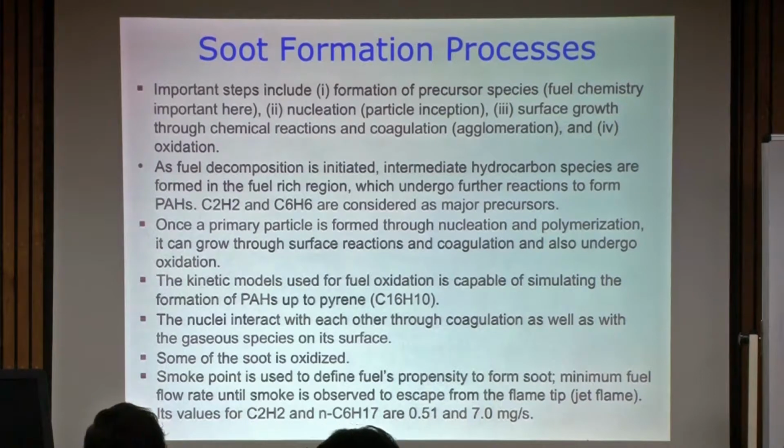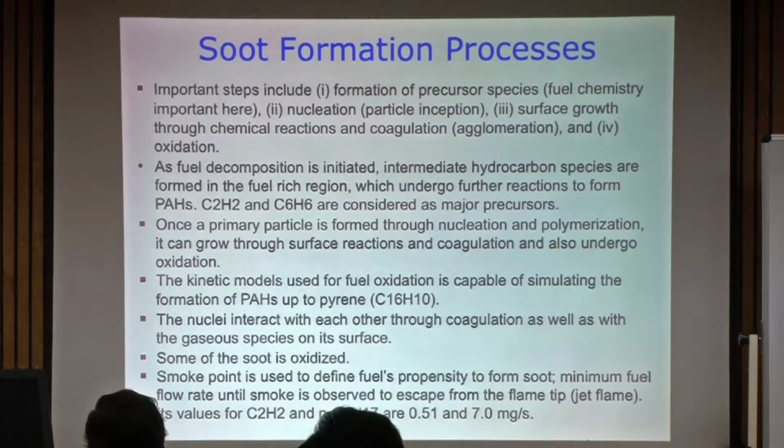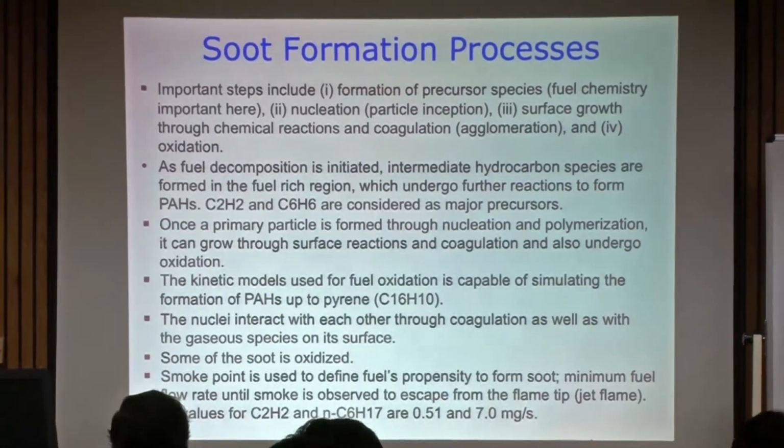Like acetylene, benzene, and other PAH species like pyrene. From benzene you make larger aromatic molecules. So you go to pyrene, which has 4 rings, and then larger ones. The chemistry of forming these larger molecules is not very well understood.